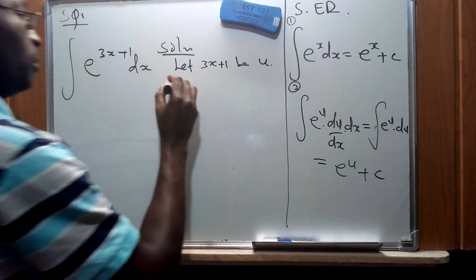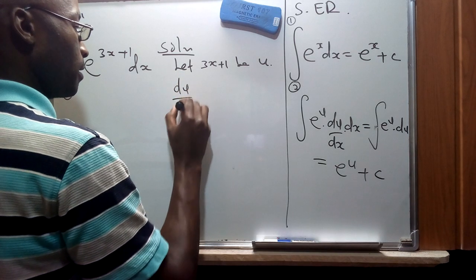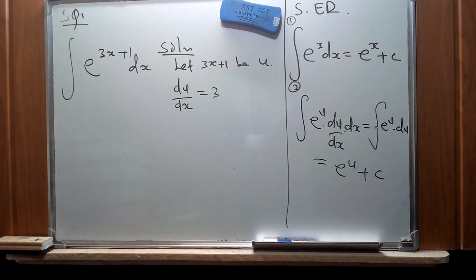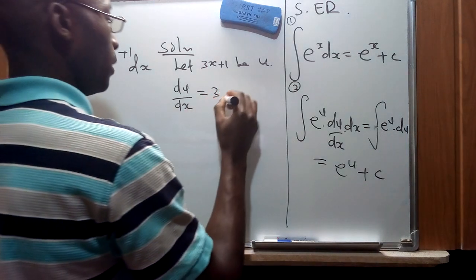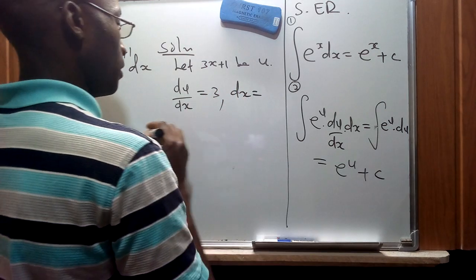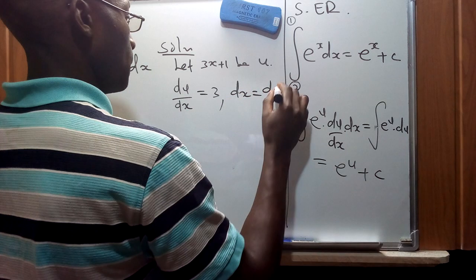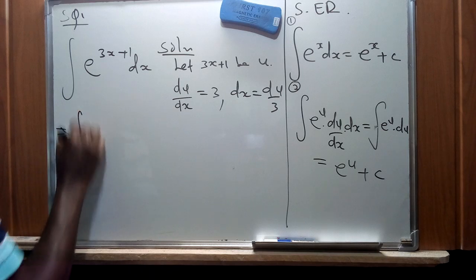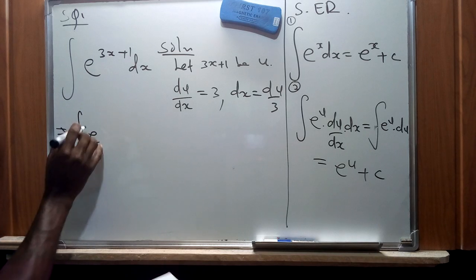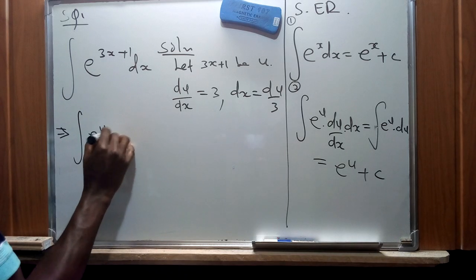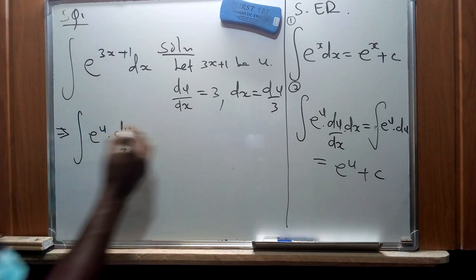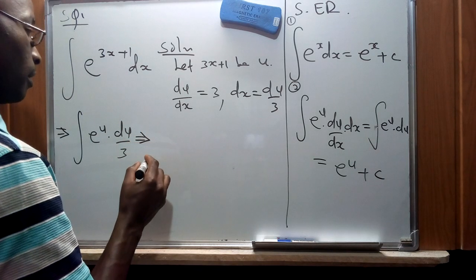Therefore, du over dx is equal to 3, implying dx is equal to du over 3. So if we do a substitution for that, our integral will be written as e^u du over 3. So this, of course, is going to use 3 as a coefficient.